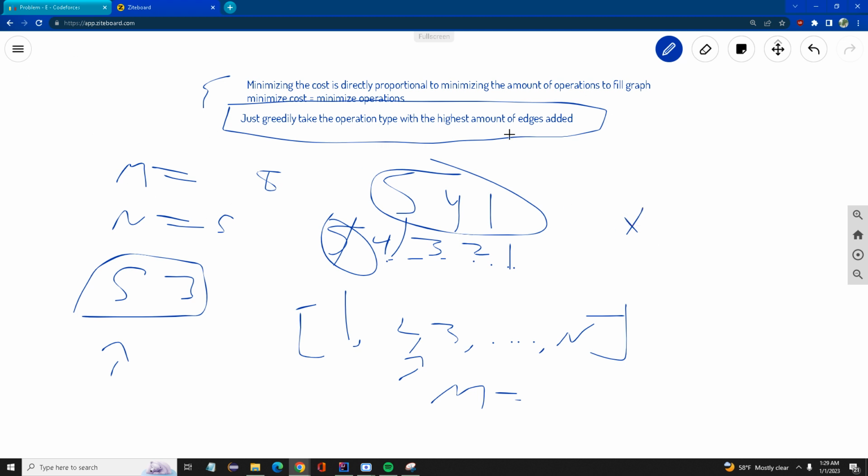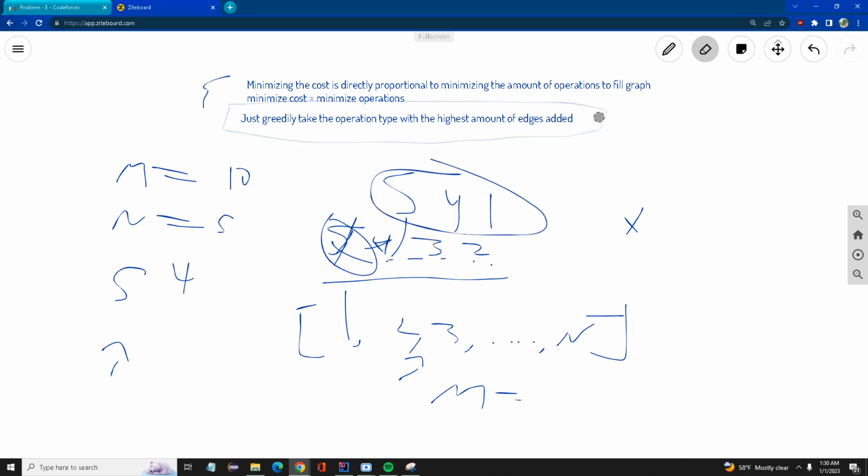It will never miss any solutions because if you take x, it doesn't miss any solutions, because you have access to all these numbers. Let's say we want to form 10, and let's say I take 5 and 4. When I take 5 and 4, it's not like I lose access to 1.